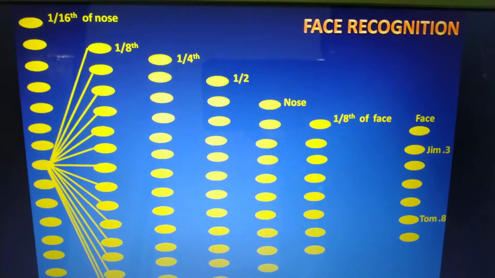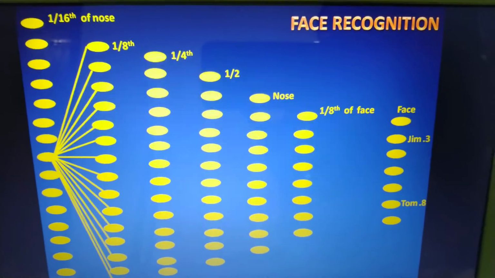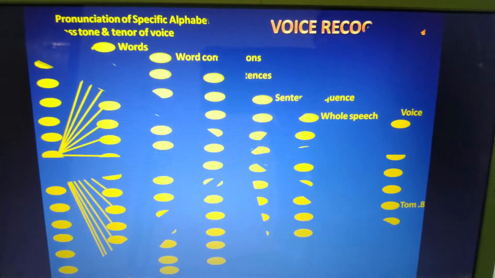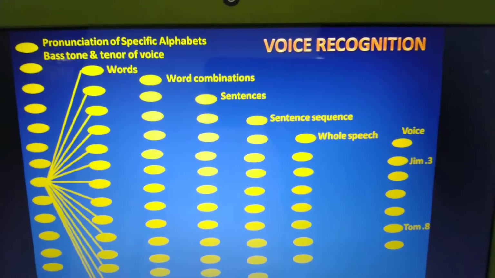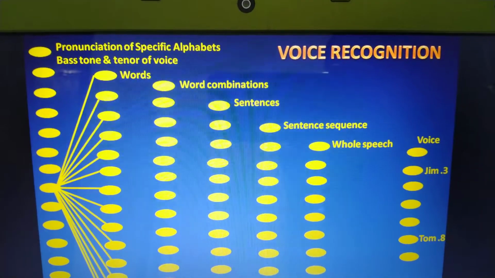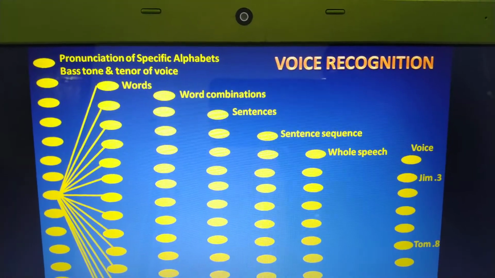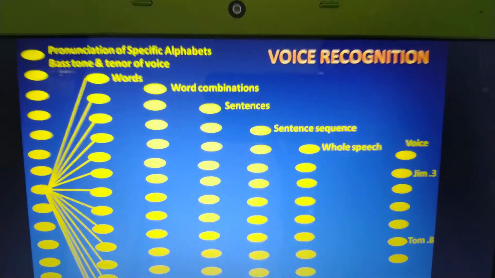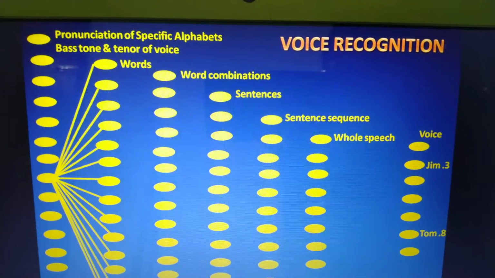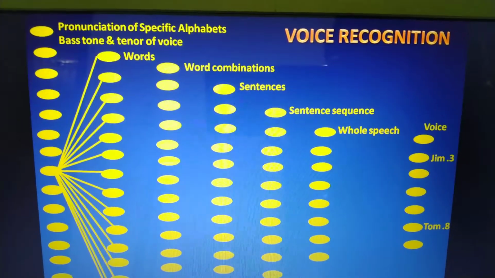Let's check out how sound recognition, voice recognition works. Next slide, please. The same process, exactly the same process. The input neurons, a large number of them. See, when we speak, each one of us has a different way of pronouncing specific alphabets.